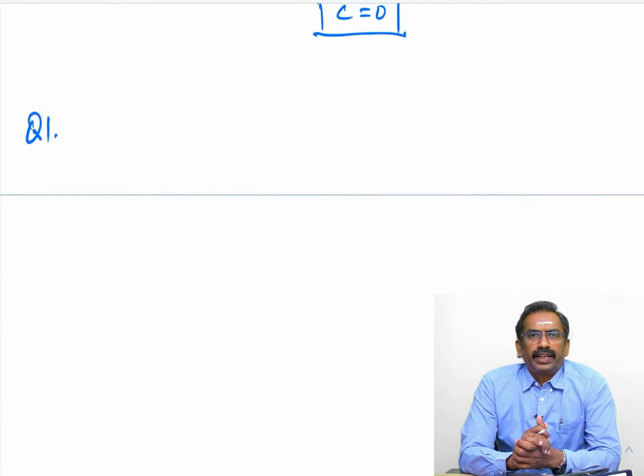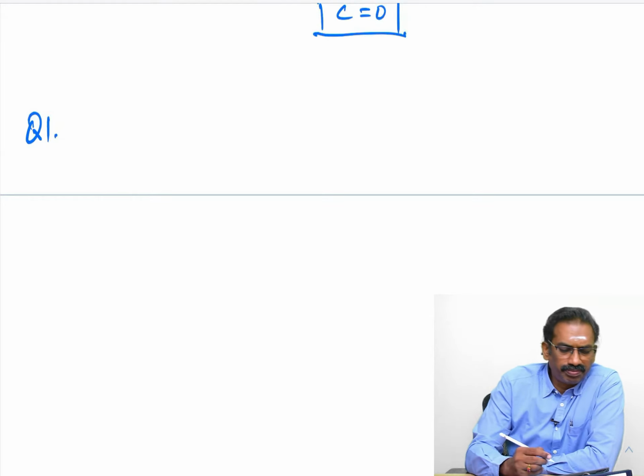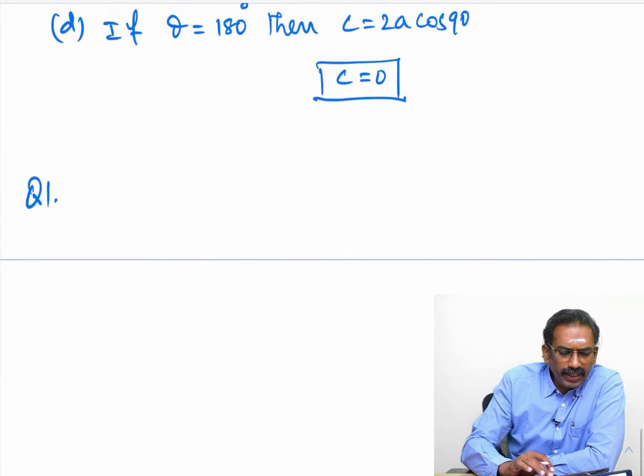Five vectors are acting in the xy plane at origin, each of magnitude 10 newtons.